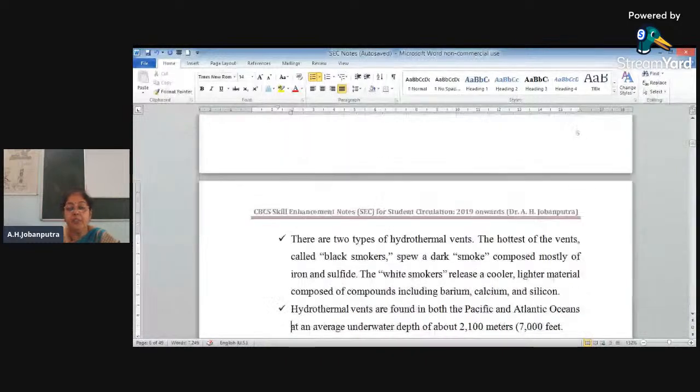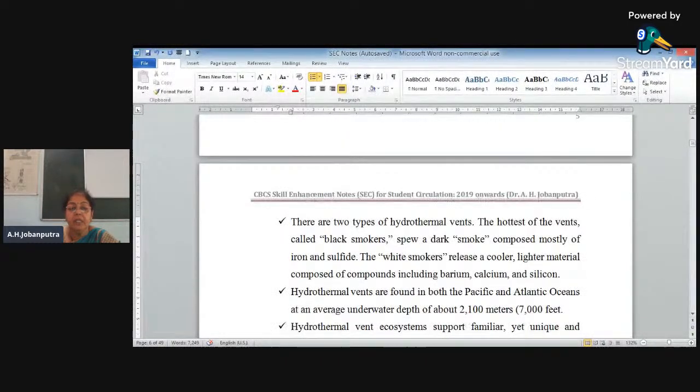There are two types of hydrothermal vents. The vents which are very hot are known as black smokers, and in this case dark smoke composed of iron and sulfide comes out.